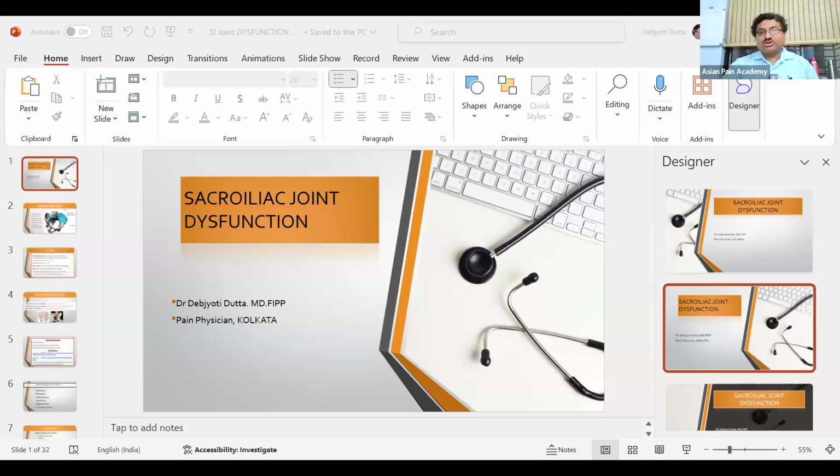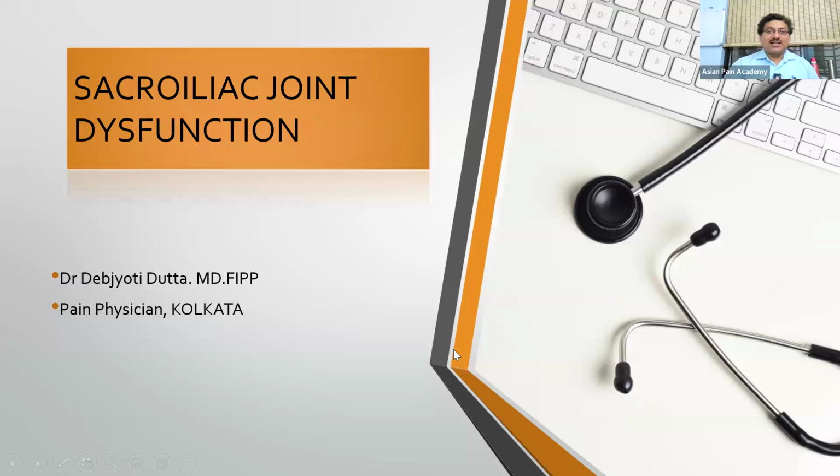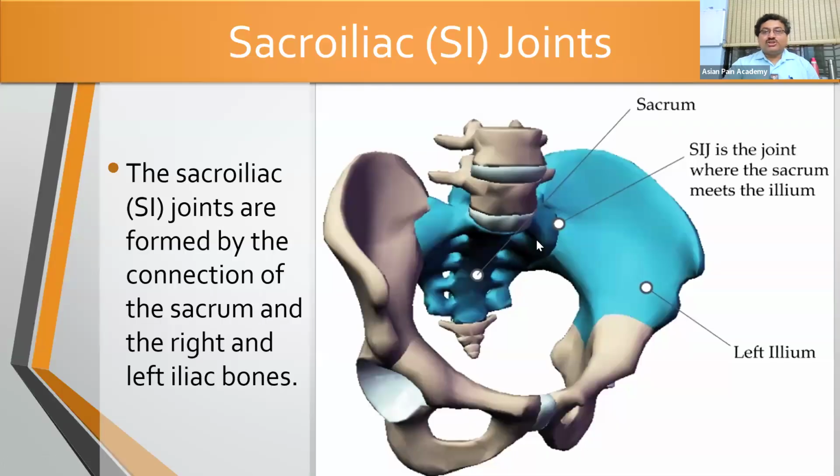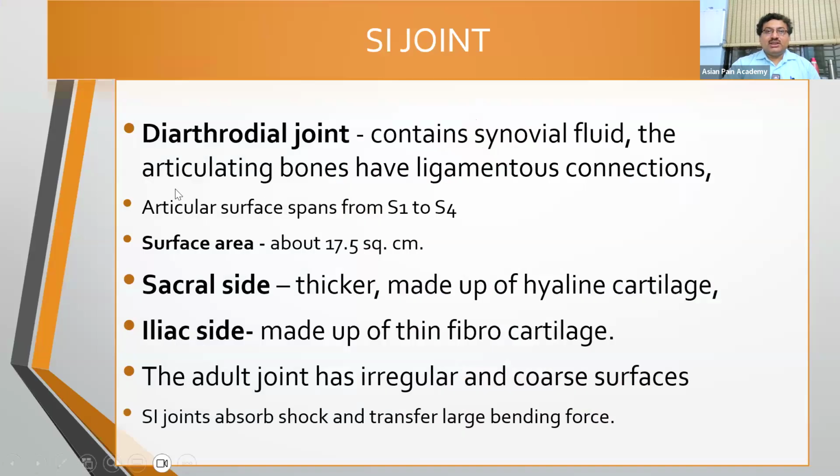As we all know, the sacroiliac joint is one of the most common causes of lower back pain. Where is it situated? It is situated between the sacrum and the ilium. It's a synovial joint, especially in the lower part; the upper part of the joint is fibrous.